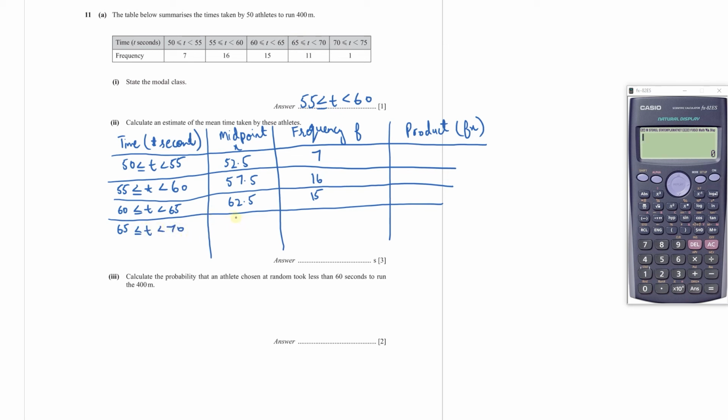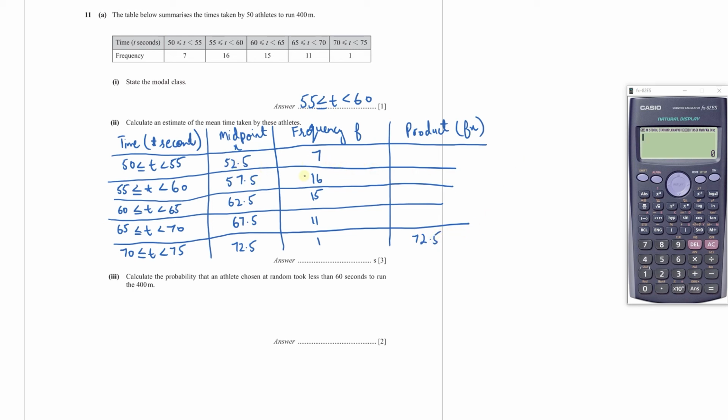The midpoint here will be 67.5 and the frequency here is 11. And then the last one is this one, which is 70 till 75. The midpoint here will be 72.5 and the frequency F is 1. So this product will be 72.5.